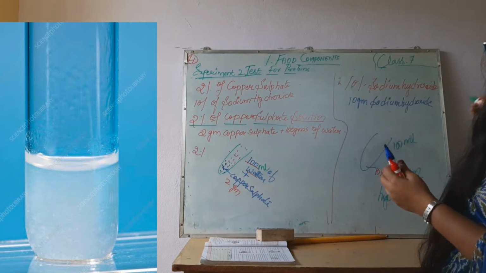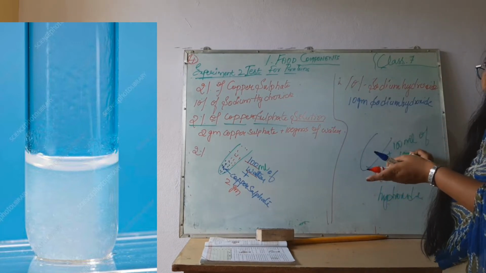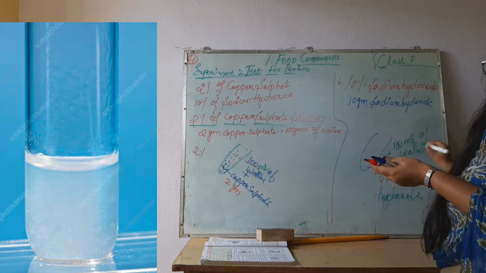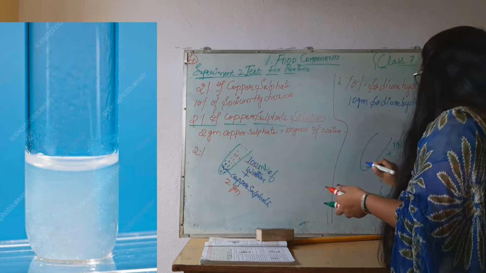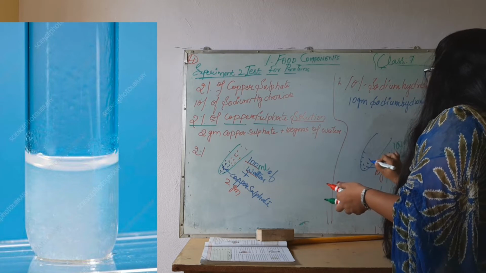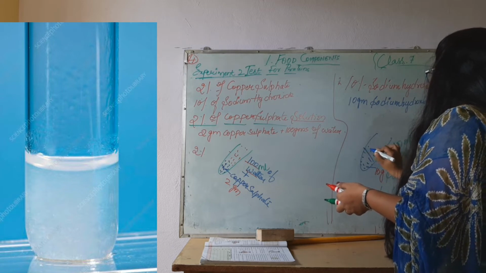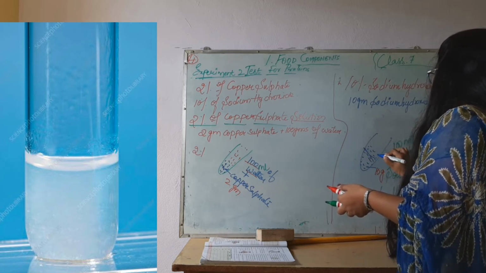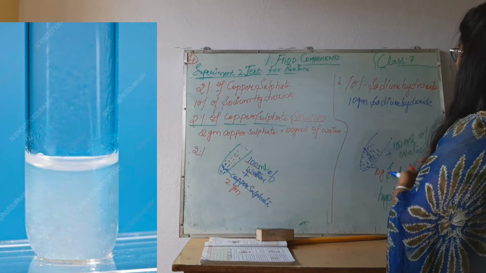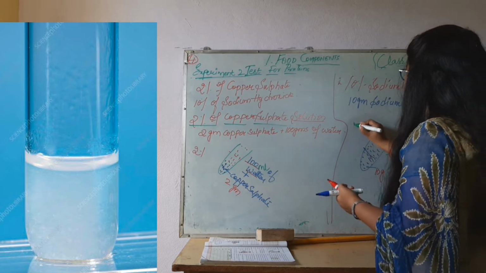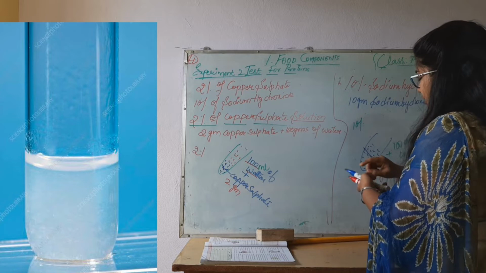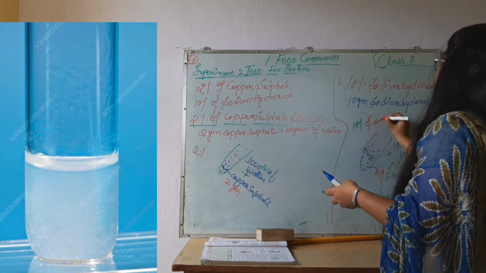So you add water into it, and it becomes 10% sodium hydroxide.